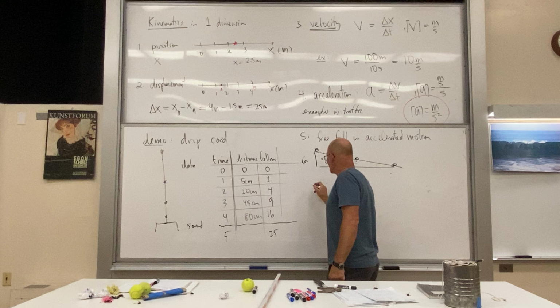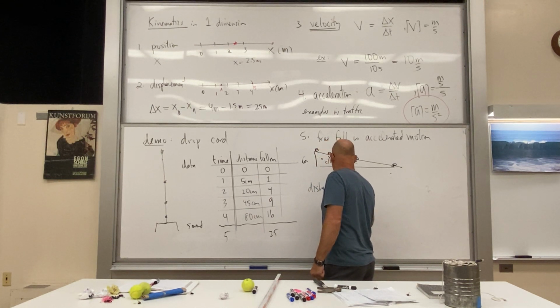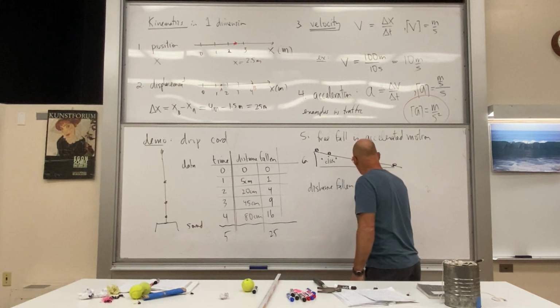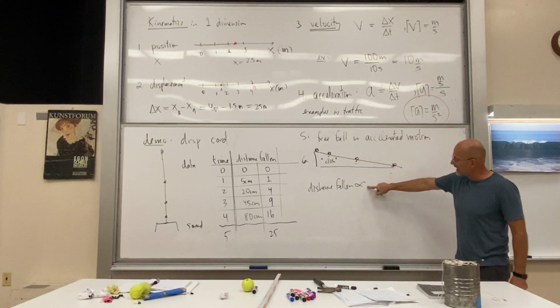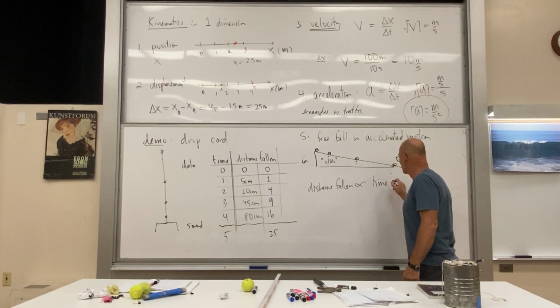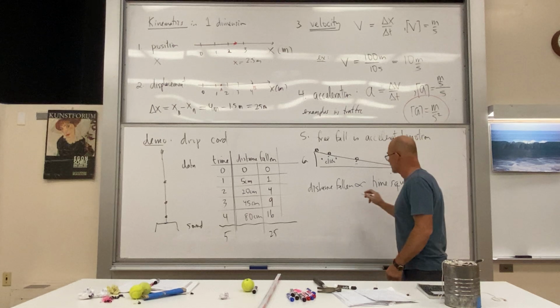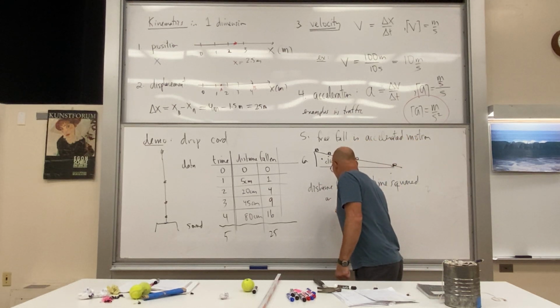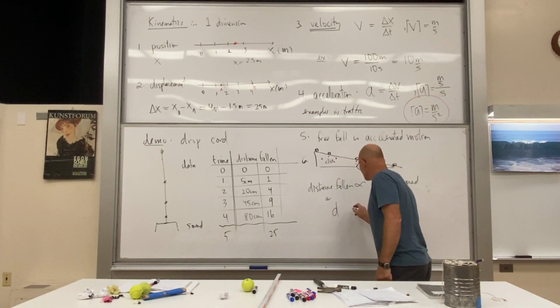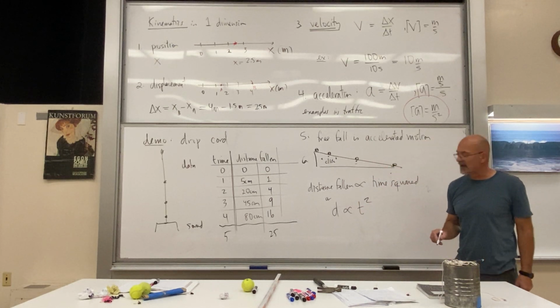So what we have is distance fallen is proportional to, so this sign means it's proportional to the time squared, or we can write d for distance fallen is proportional to t squared for time squared.